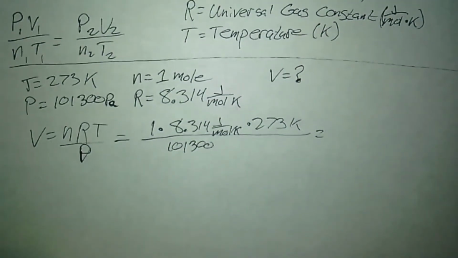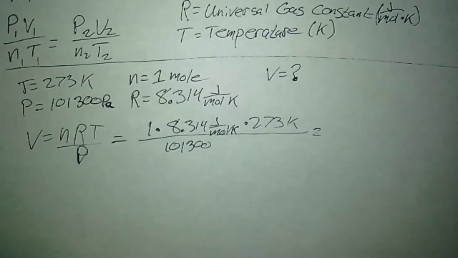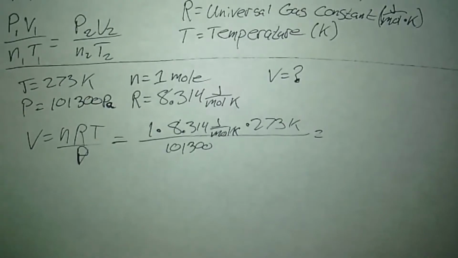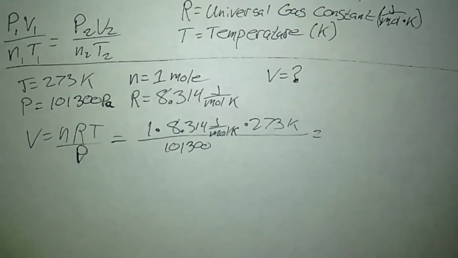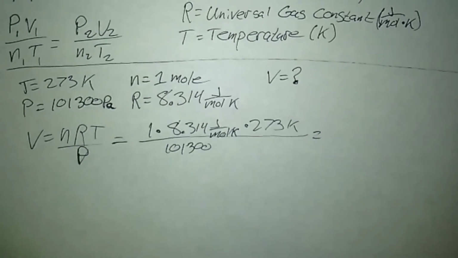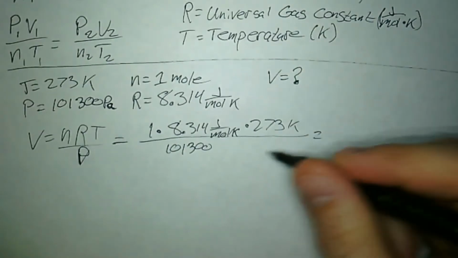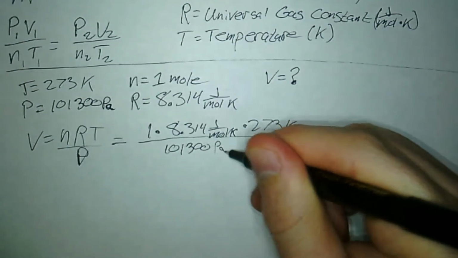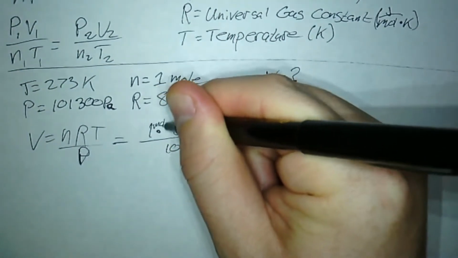Now, if you put this into your calculator, I'm going to pause it while I do it. Now, those of you who have taken chemistry should expect what's coming already. So let's finish up my units here. This should have been moles here.